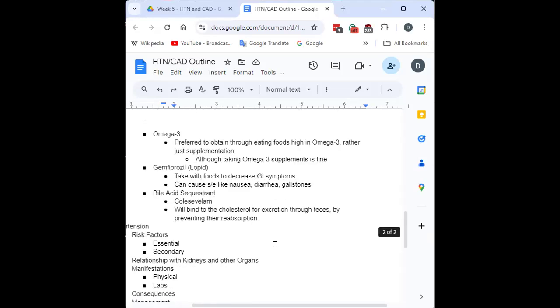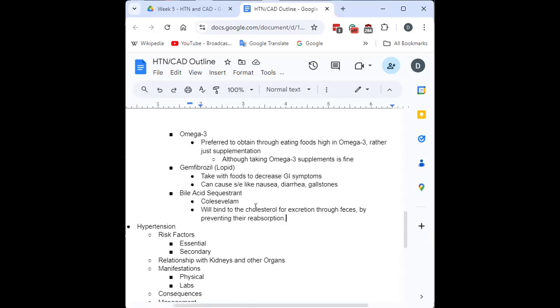Want to be somewhat specific on this in case you guys get asked another one of those questions where it's just how the med works. I heard some of you guys talk to me about the mucolytic one.